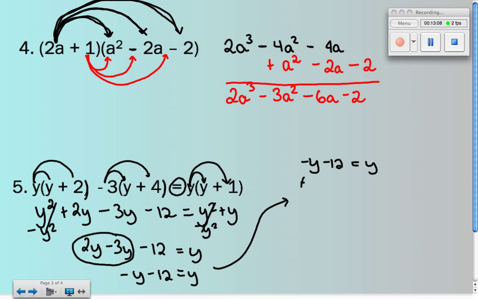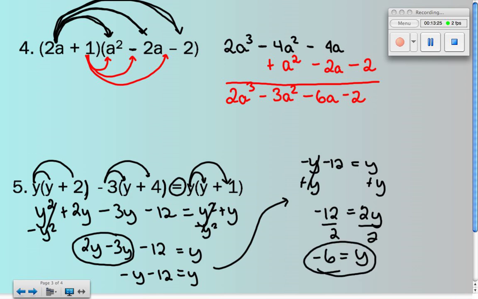So I'm going to take this y and move it over to the other side. Negative 12 equals 2y. All right, divide by 2, getting pretty easy here. Y is negative 6. And remember, you should always check your answers.